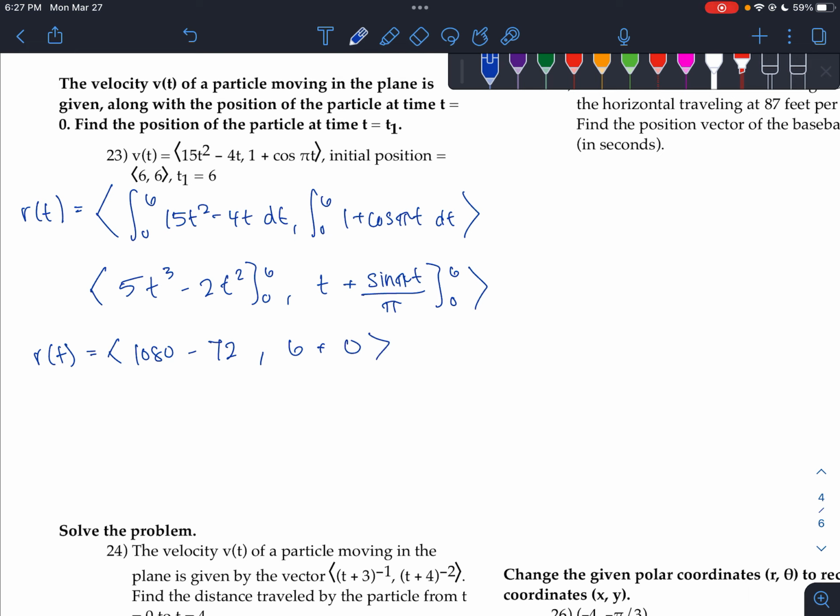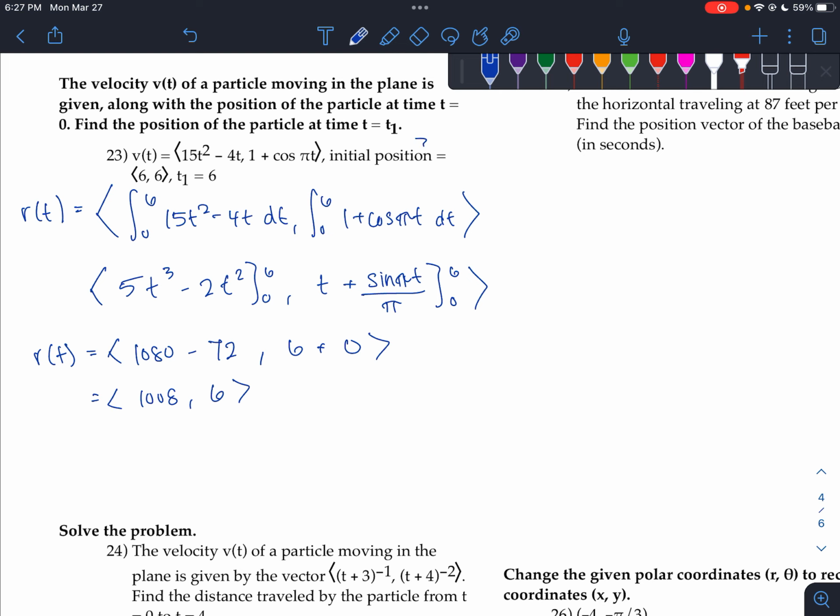And if you plug in your lower bound 0 in any of these, everything's going to be 0, so we don't need to worry about that. So that's going to be 1080 subtract 72, that's 1008. And then that's going to be 6. Okay, so that was your displacement.